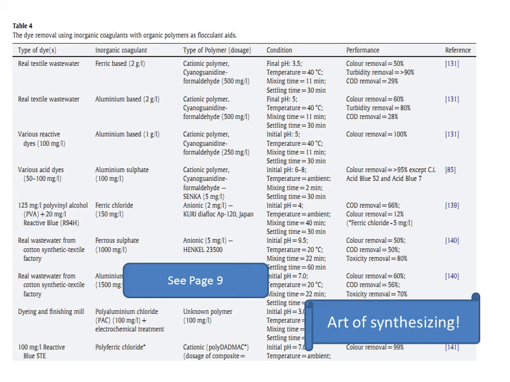Next, we look at the art of synthesizing, where you combine the latest finding, okay, with highest performance. Why? Because actually you need to use it as your reference, because you are actually going to improve something.